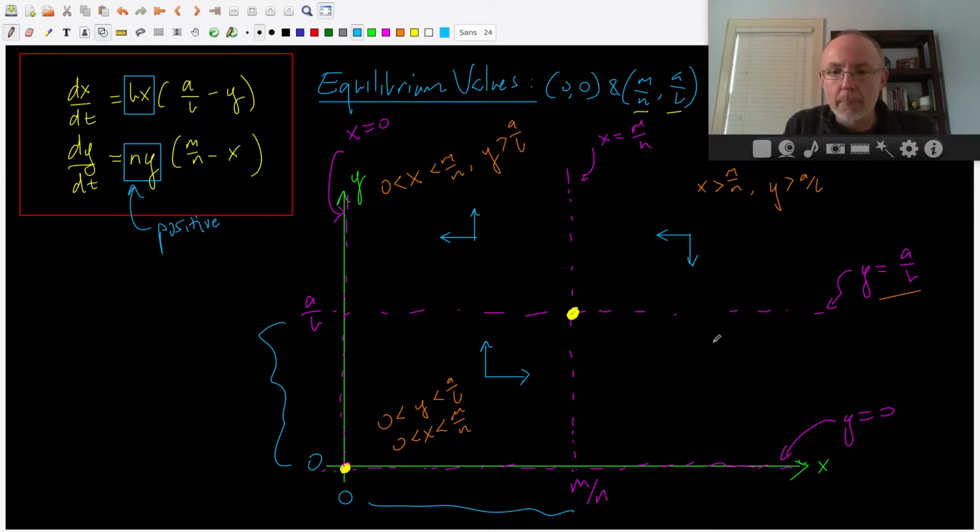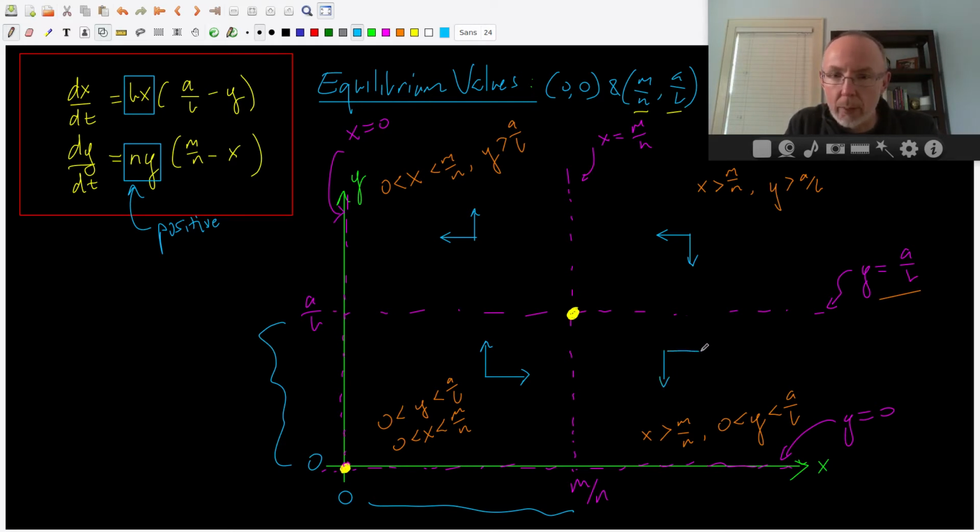In this region, we've got x still bigger than m over n, but y is between 0 and a over b, and so we can start thinking about this. All we did moving from here to here was change the x, so that could only have changed the rate of change of y, so the rate of change of y must now be going down.